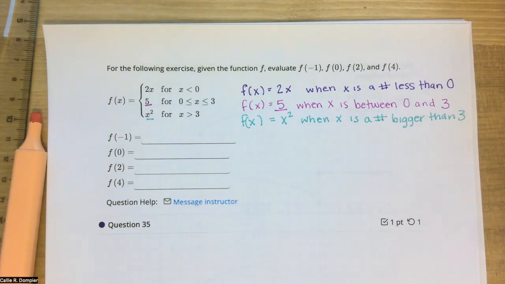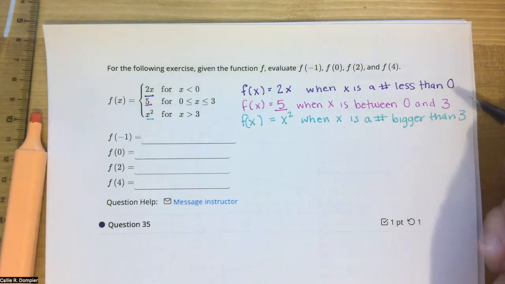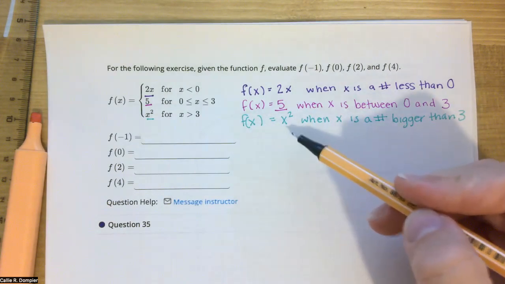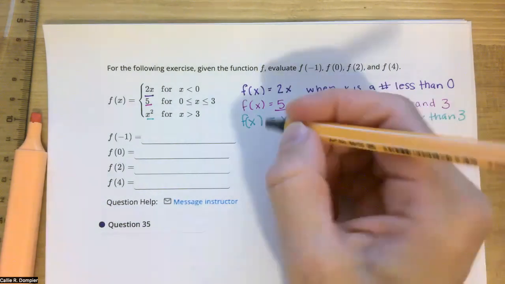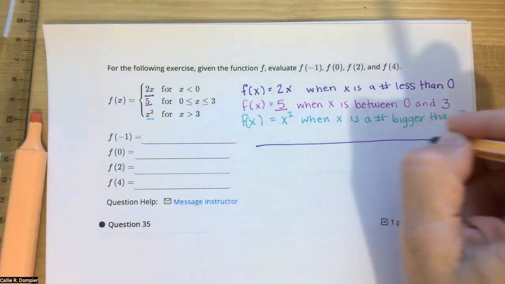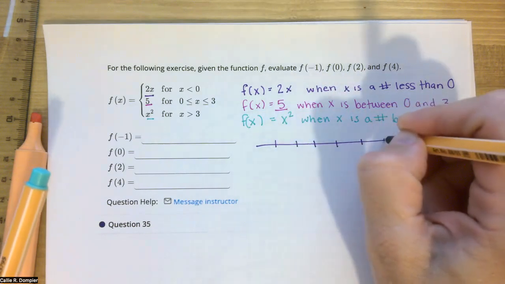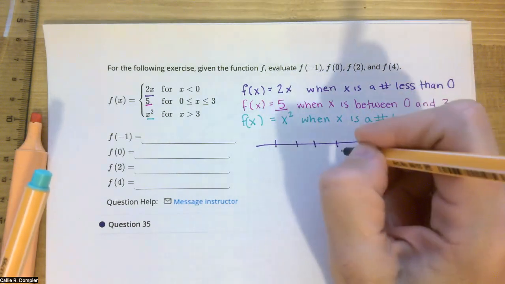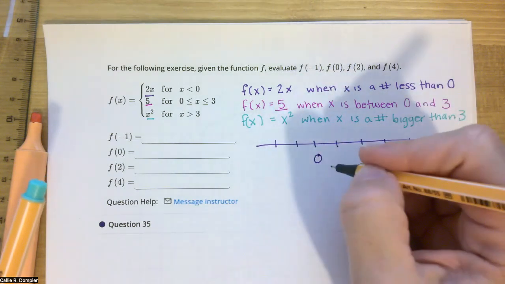Okay. F of x is 2x if we're talking about a negative number, a number less than 0. F of x is x squared if it's bigger than 3, right? So think of a number line, right? Here is 0, okay?